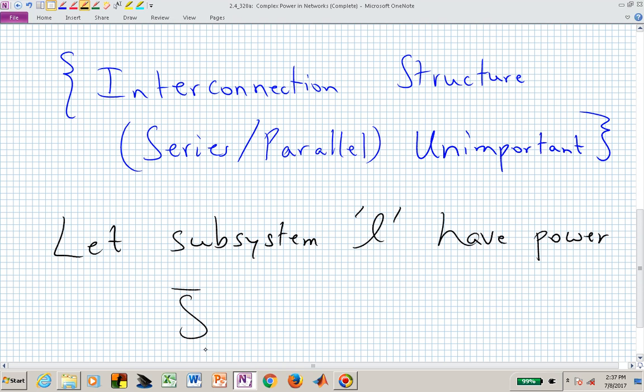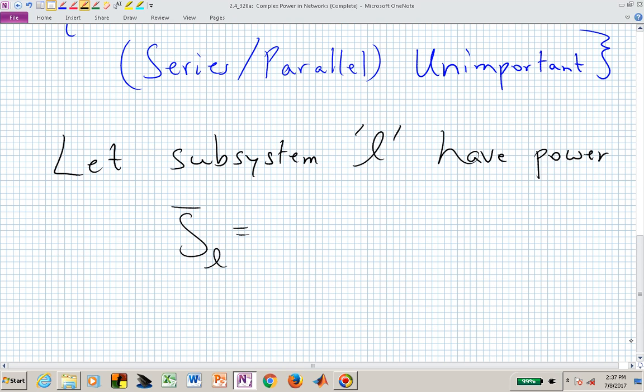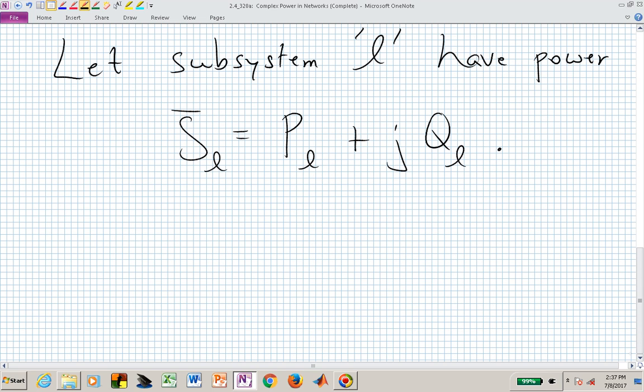The complex power of subsystem l we'll denote as the real power, P sub l, plus the reactive power in an orthogonal direction, so now we have P sub l plus j Q sub l. That's the complex power of subsystem l. That's the notation that we will use. And we do have to make sure that we keep track of the sign of the reactive powers.